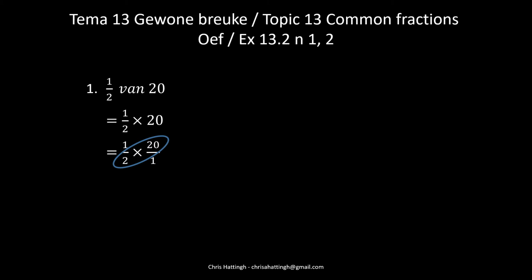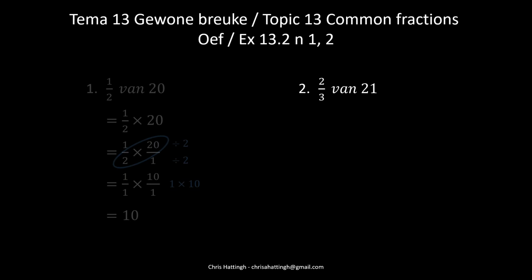Then if you look at the 2 and the 20, you see that they can simplify by dividing by 2. So you can divide 20 by 2 and you can divide 2 by 2. Then you'll find that it is 1 over 1 times 10 over 1. And 1 times 10 gives you 10.